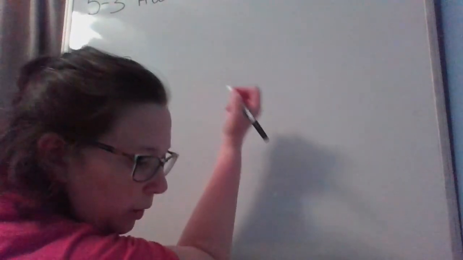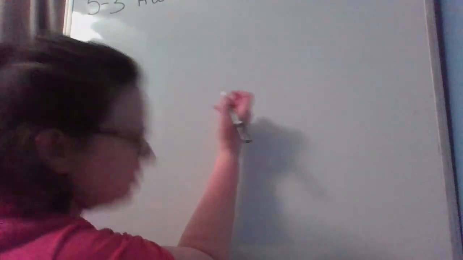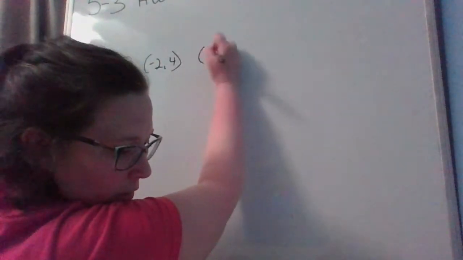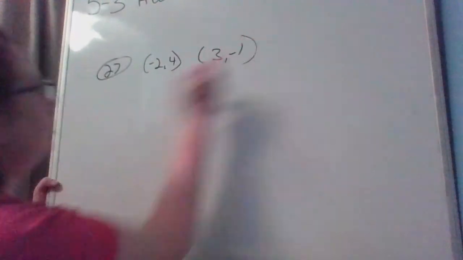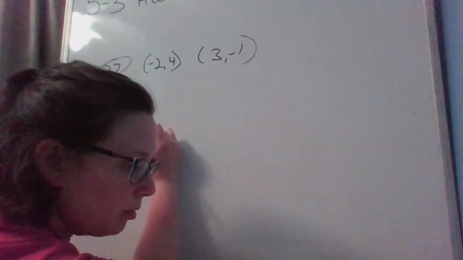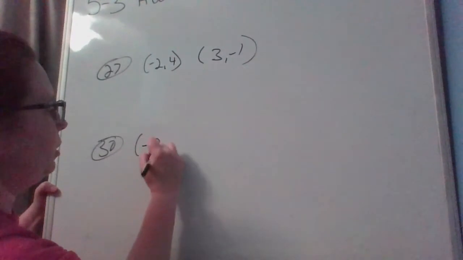So for number 27, we are given the two ordered pairs -2, 4, and 3, -1. While I'm doing this, I'm going to get my points for 30.